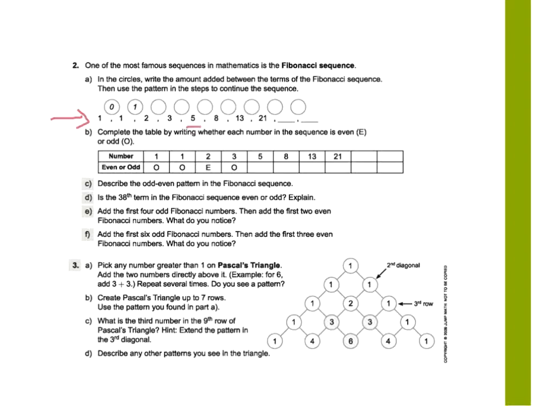If you look at any number in the sequence, and then you look at the 2 numbers before it, they add up to that number. That's how you generate it. So I know this next number here would be 13 plus 21. So that's how I continue the Fibonacci sequence.